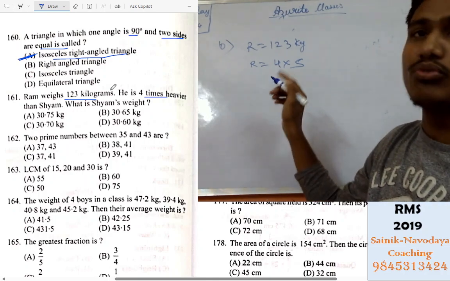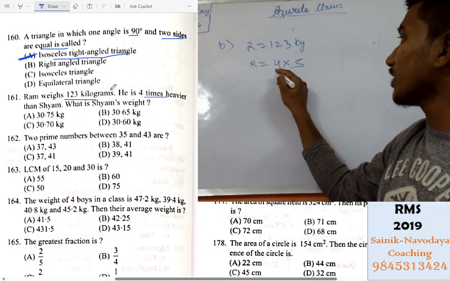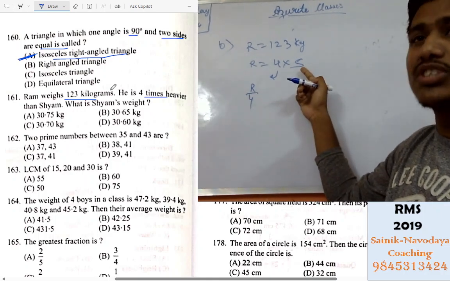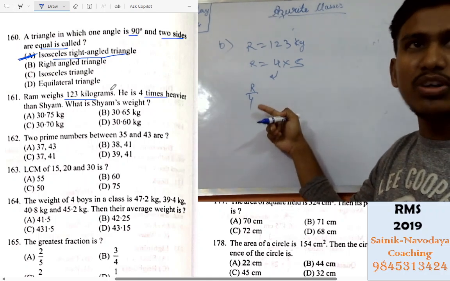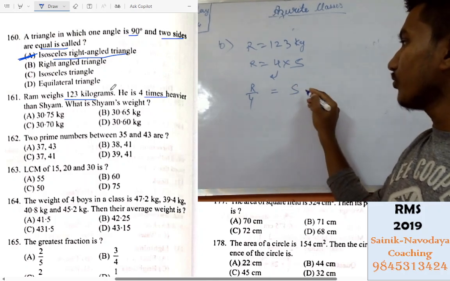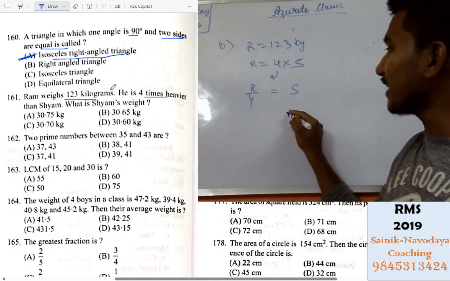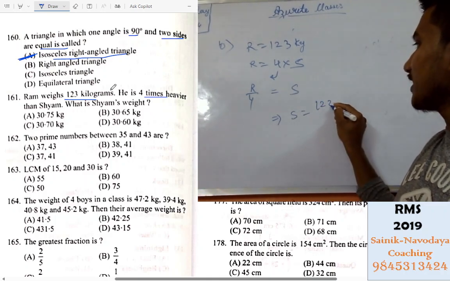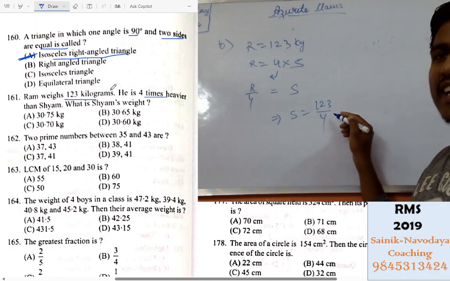So if you want to find Sham's weight, you have to take this 4 to the other side. Ram divided by 4 will be Sham. So Sham is equal to Ram, that is 123, divided by 4. If you divide it, you will get the answer.